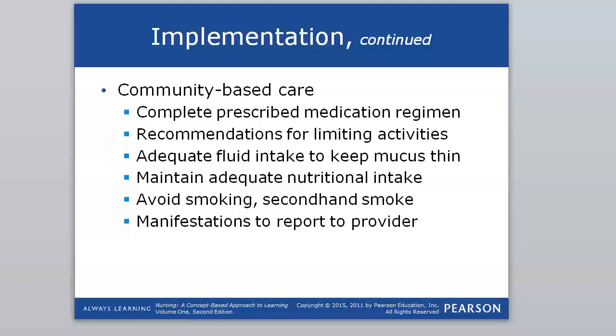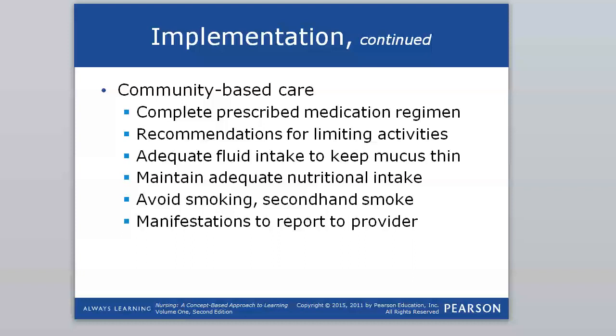Community-based care: complete prescribed medication, as many of them will go home on antibiotics. Make sure they take the full prescription. Recommendations include limiting activities, making sure they continue to drink fluids, and starting slowly on meeting their nutritional needs.